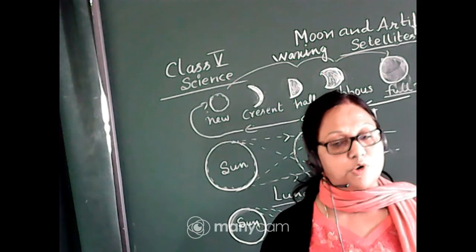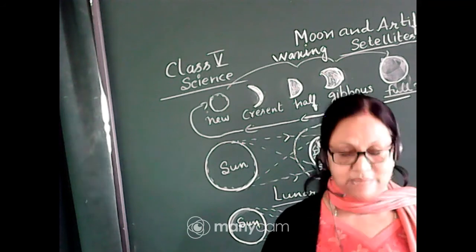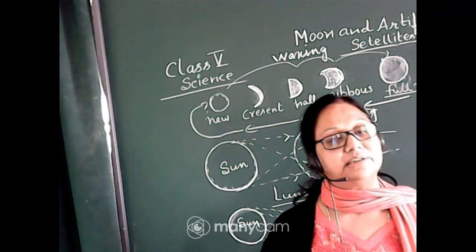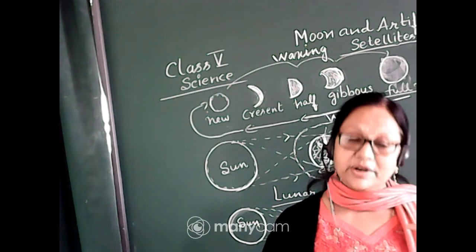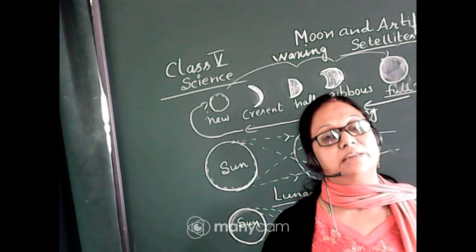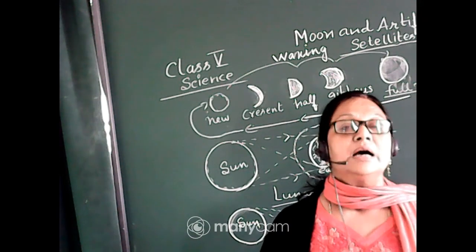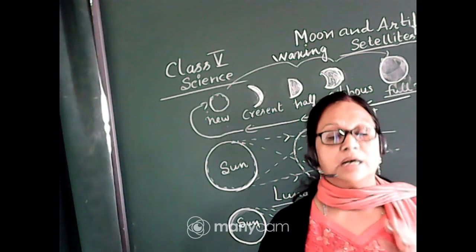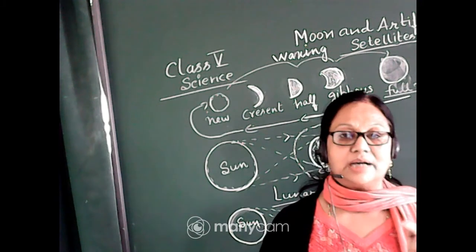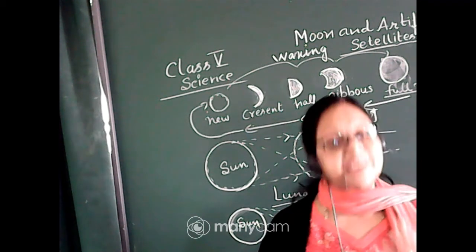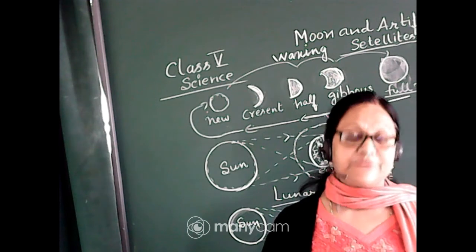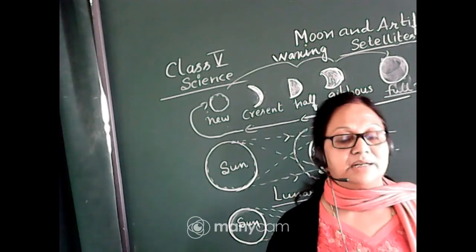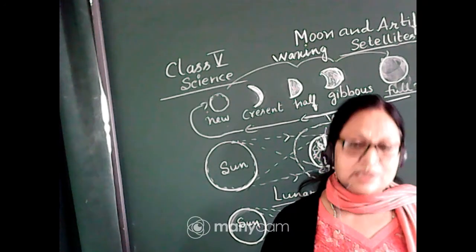Because the moon is smaller than the Earth, it cannot cover the whole Earth, but the portion of the Earth which is hidden from the sunlight, the specific part of the Earth which does not get the sunlight, that part is having the solar eclipse.